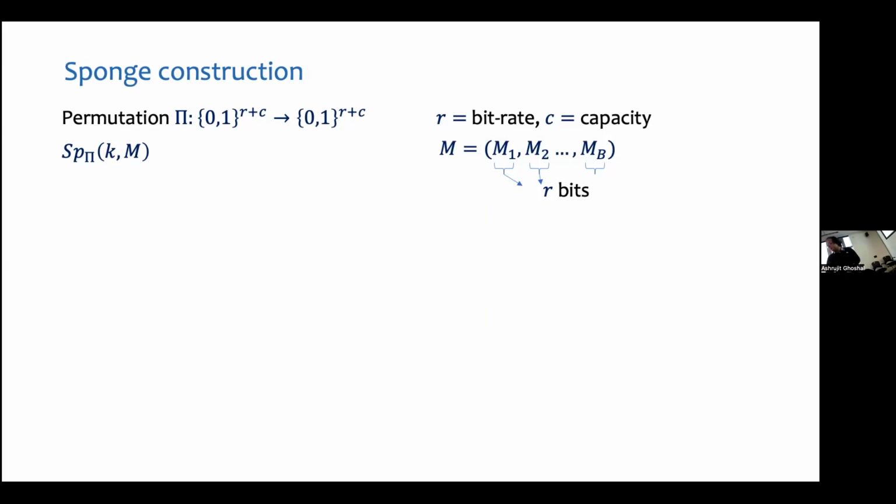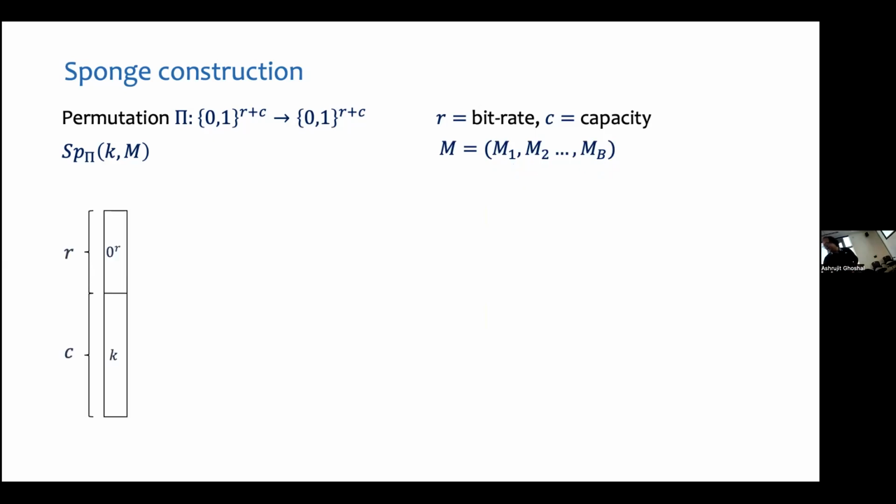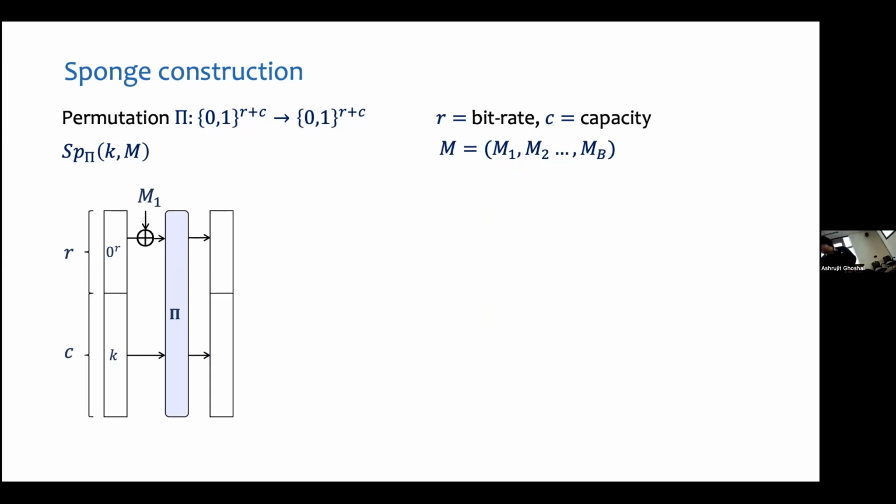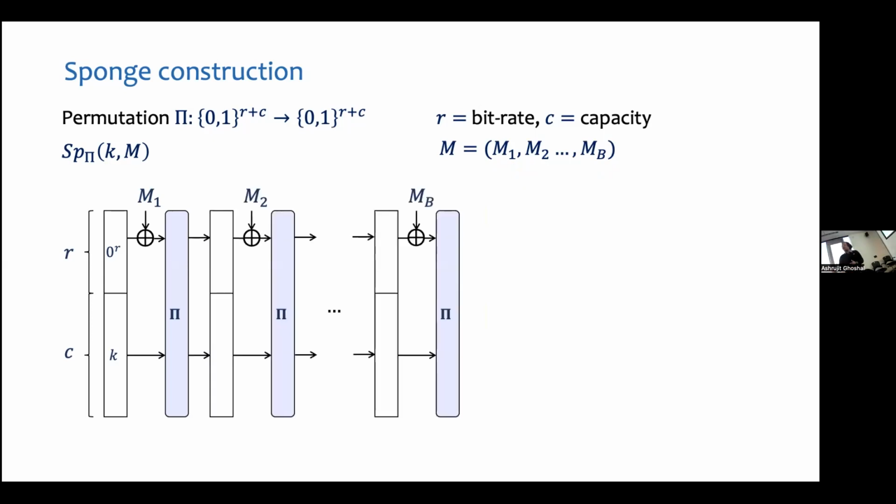The hash operation is computed as follows. An initial state consisting of r zeros followed by the key K is defined. The first message block is then XORed to the first r bits of the state, and the permutation is evaluated on the result to compute the next state. This continues till all the message blocks are consumed. The first r bits of the final state are returned as the hash output.